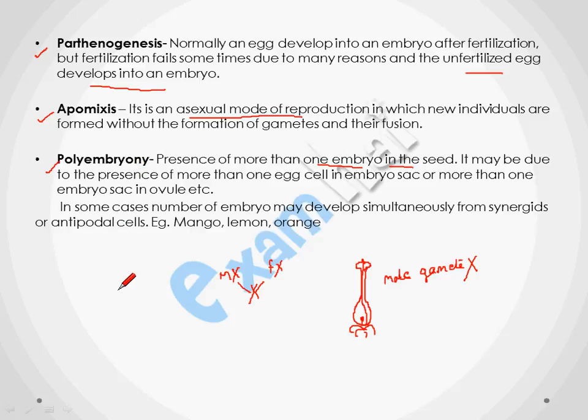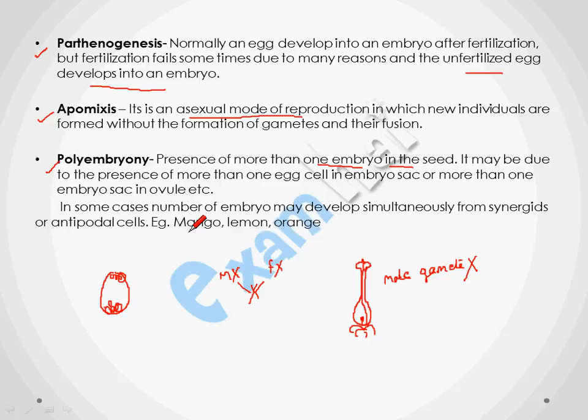How can it occur? It may be due to the presence of more than one egg in the embryo sac. This is the embryo sac, and this is one egg; there may be another egg in some other area. Or in some cases a number of embryos may develop simultaneously from the synergid or from the antipodal cell. So in this case more than one embryo develops in a seed.